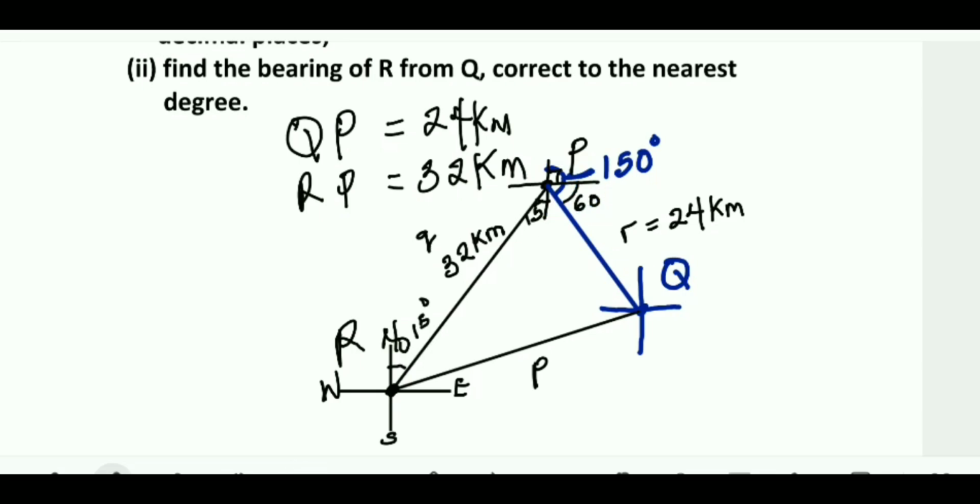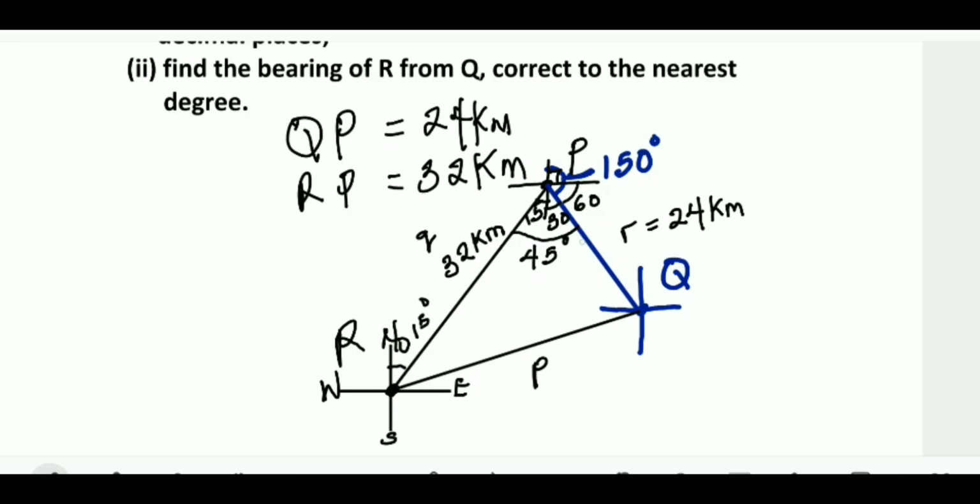Or you look at it as if this is 90 and this portion here is 60, then the remaining one here will be 90 minus 60, which is 30. So whichever way you're looking at it, this is going to be 30 degrees. And everything you have here will be 15 plus 30, which is 45 degrees. I hope you got that.